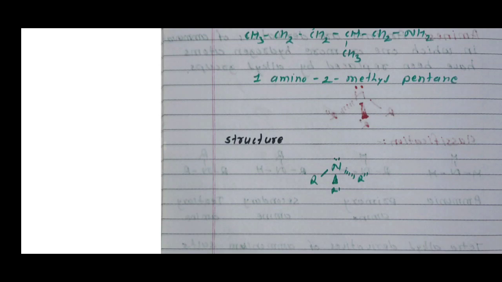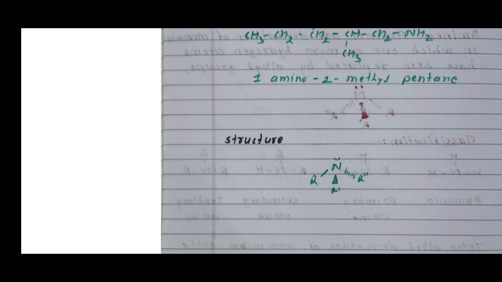As per VSEPR theory, nitrogen present in amines is sp3 hybridized. sp3 hybridization means 1 s orbital and 3 p orbitals undergo hybridization, and due to the presence of the lone pair it is pyramidal in shape.